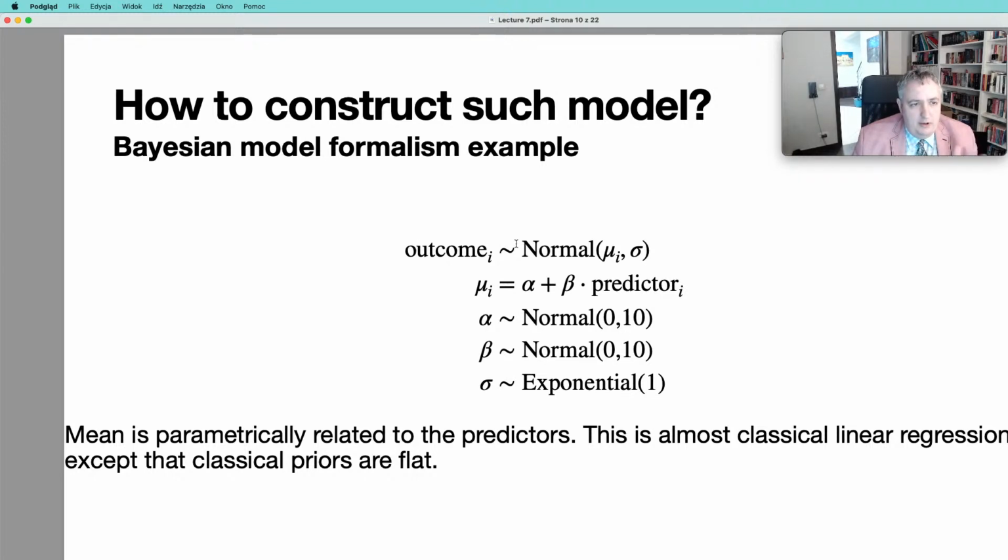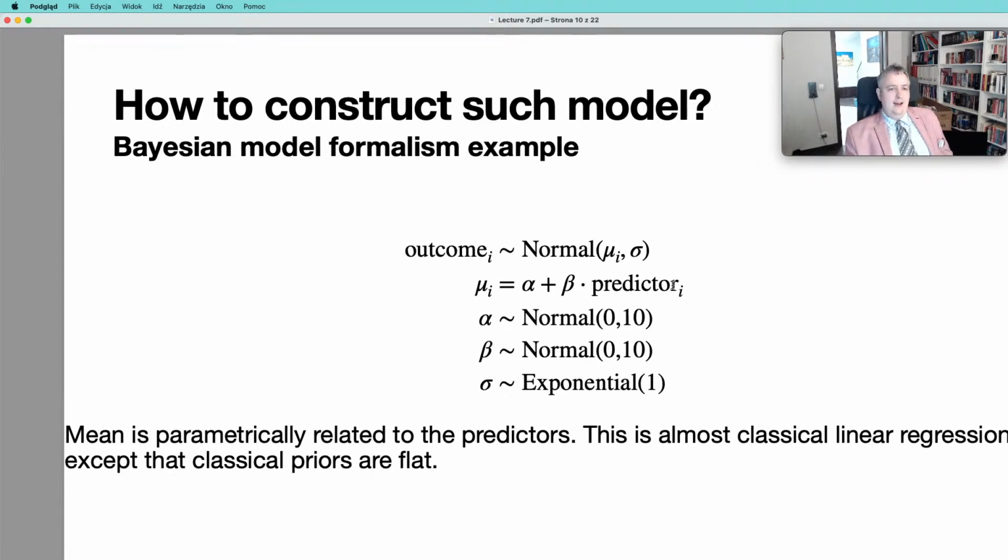Generally, what we have here is that the outcome is normally distributed with, in this case, a fixed sigma, with a mean that is a function of predictors. In the case of linear models, it's a linear function of predictors. And in practical applications, we want to give some kind of priors for those parameters, and usually good priors are some kind of regularizing priors.